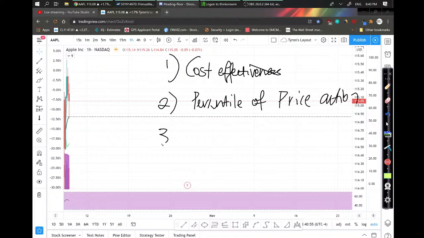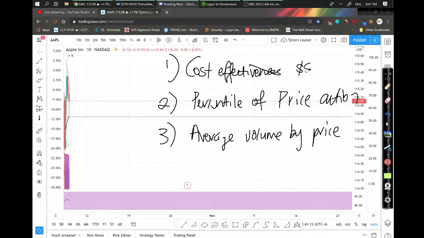Okay. And it also helps you keep track of the average volume by price. Okay? So cost effectiveness is something expensive or is something cheap? That's one thing a VWAP helps you to understand. Okay? Next, the percentile of that.